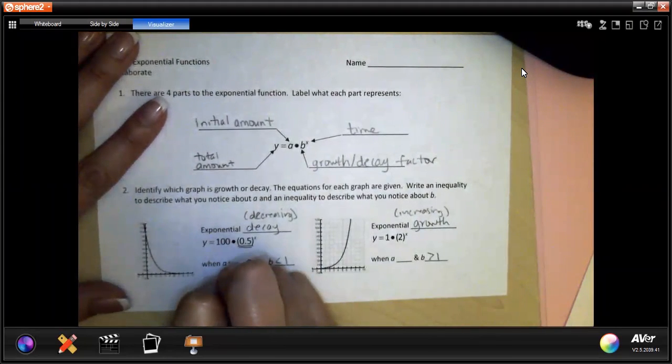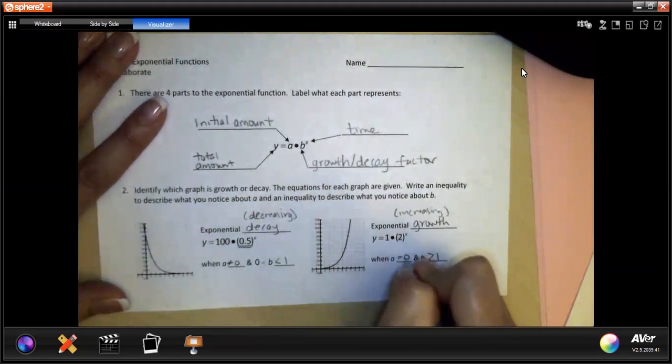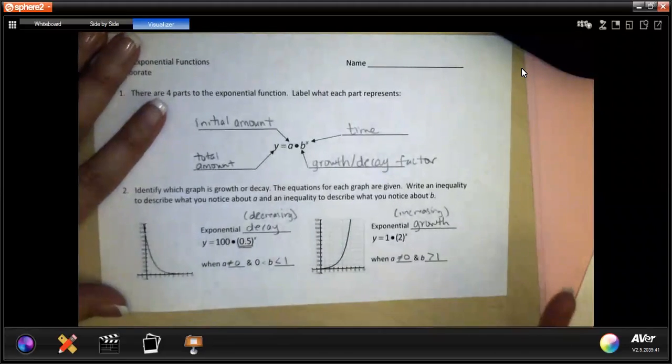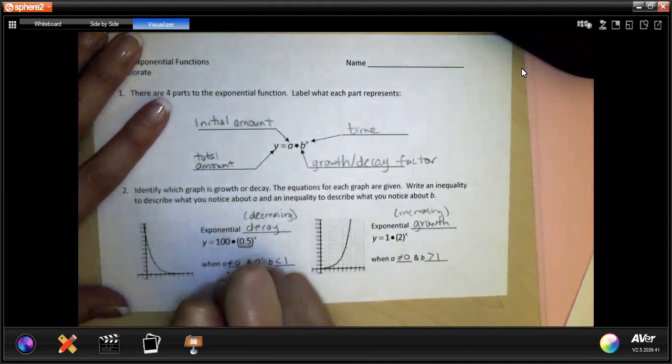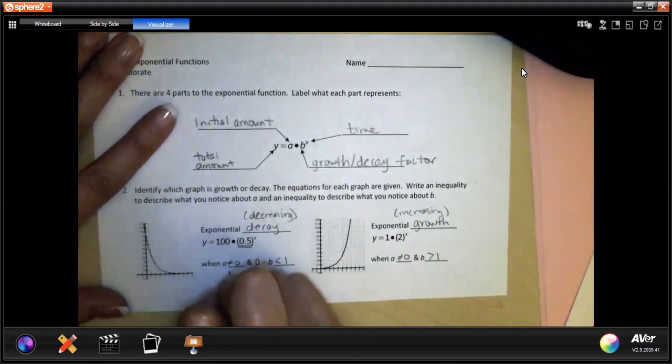Now a has to be unequal to 0, because that would make the entire thing 0. a is also your initial amount, so it is going to give you that y-intercept.